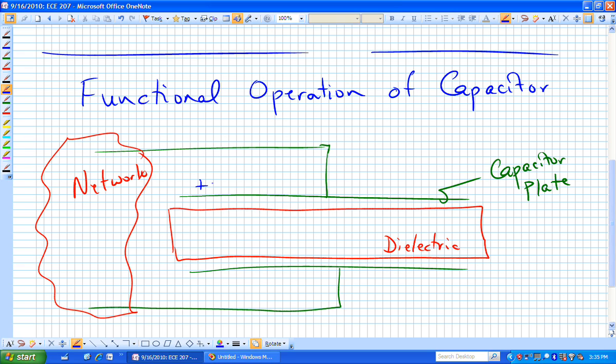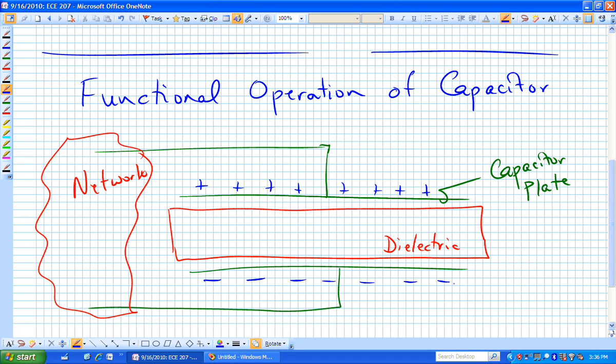If we were to dump a lot of positive charge on the top plate, there is no electrical connection between the top plate and the bottom plate, so those positive charges will start to accumulate, but they're going to push the positive charges on the lower plate away and effectively create negative charges there, which are actually the electrons.